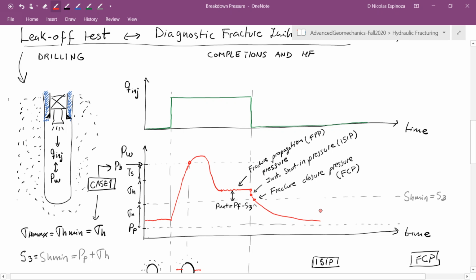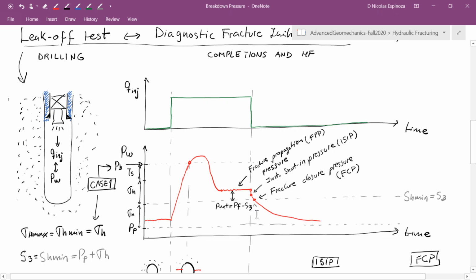It's very similar. The mechanics is the same. All right. The maximum value, we predict that with the breakdown pressure. The fracture propagation pressure, that's something for which we need a few more things and a few more physical models in order to predict. So that's what we're going to do next in following lectures.